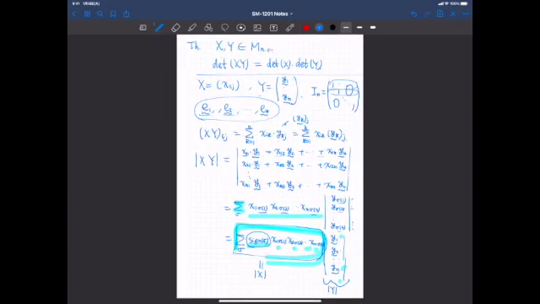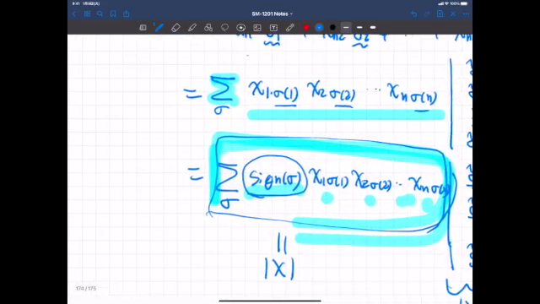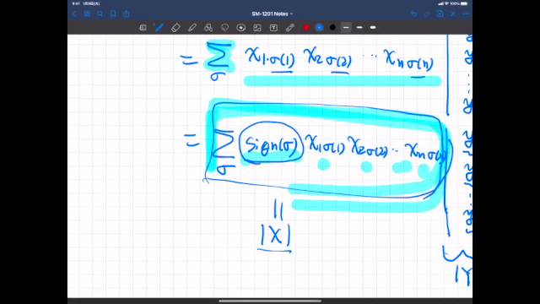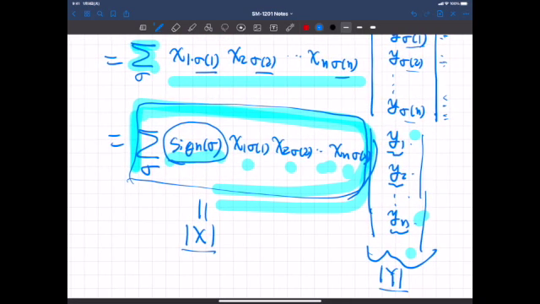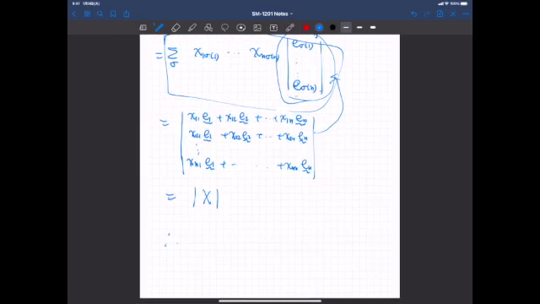So after all, the determinant of x times y is equal to the product of the determinant of x and the determinant of y. So after all, determinant of xy is equal to determinant of x times determinant of y. So that is the proof.